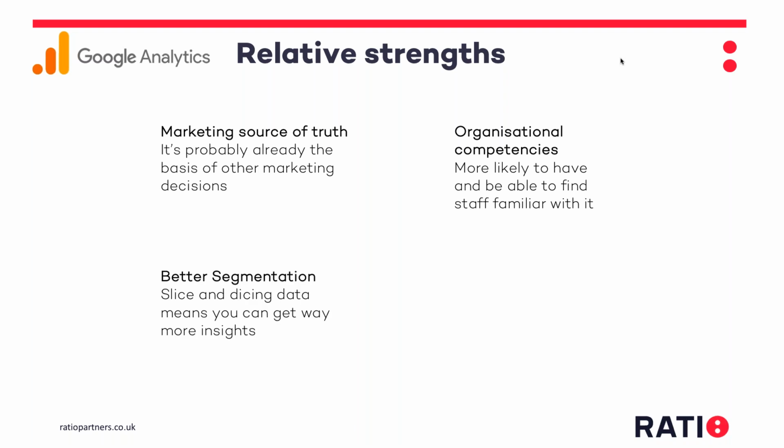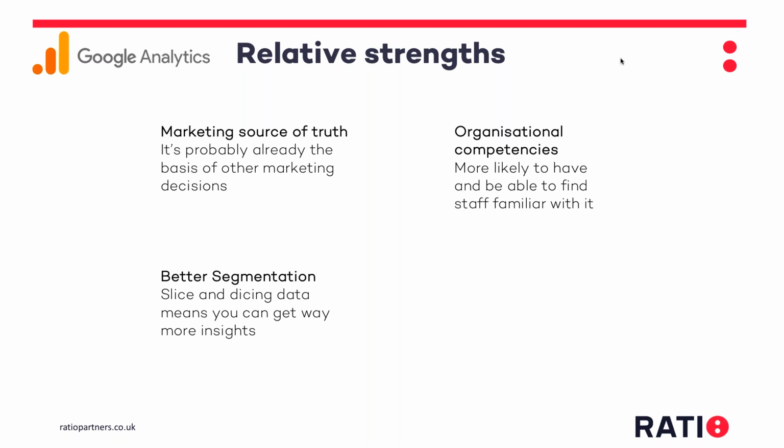The key benefit, though, from a GA point of view, in my mind, is the ability to apply segmentation to the reports that you're looking at. The fact that you can slice and dice the data in Google Analytics in different ways means you can get way more insights. You're not just restricted to looking at a report as it was created and envisaged by someone else.